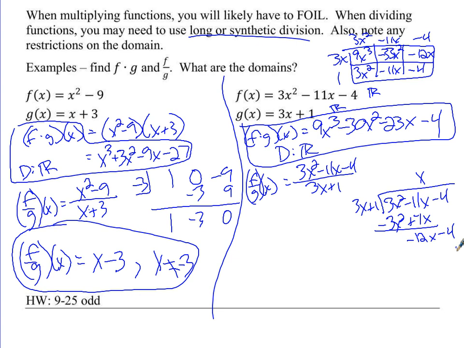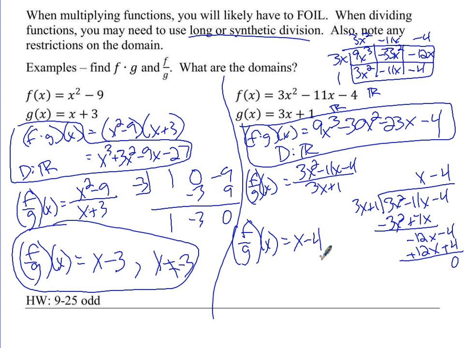Then repeat. What times 3x gives me negative 12x? Negative 4. So I write minus 4 here. Distribute, negative 12x, and then negative 4 times 1 is negative 4. Change all my signs and add, and I wind up with 0. So that means that f divided by g of x equals what? x minus 4.